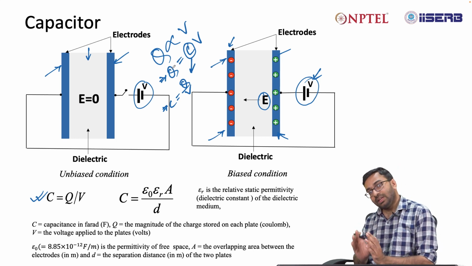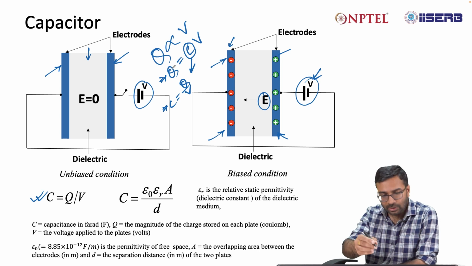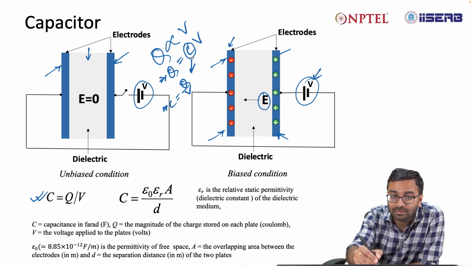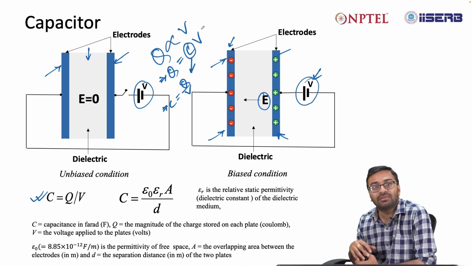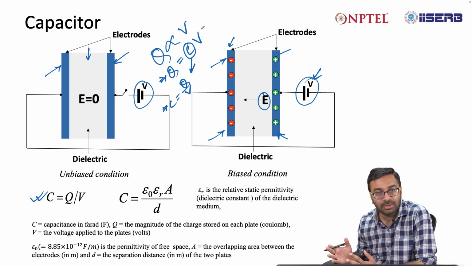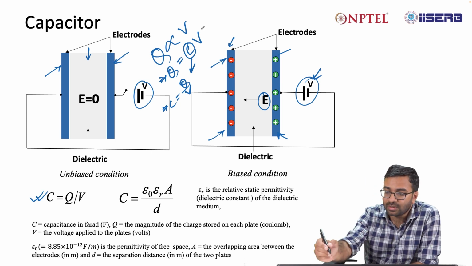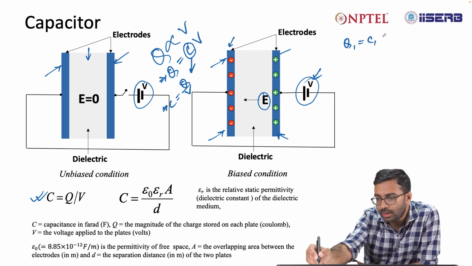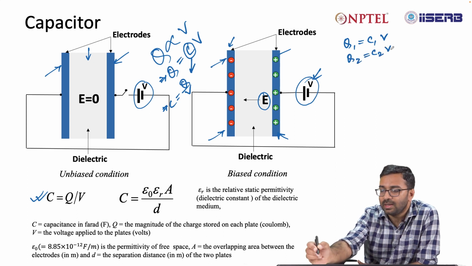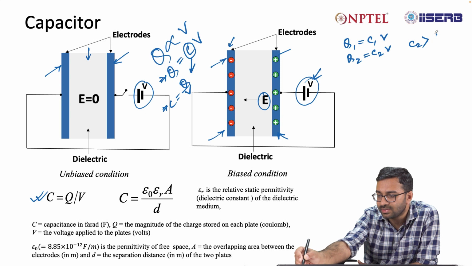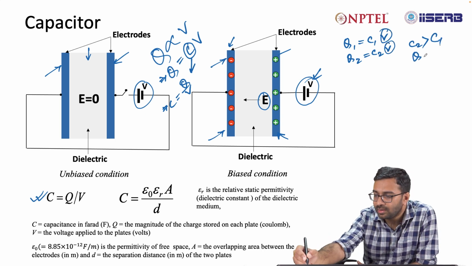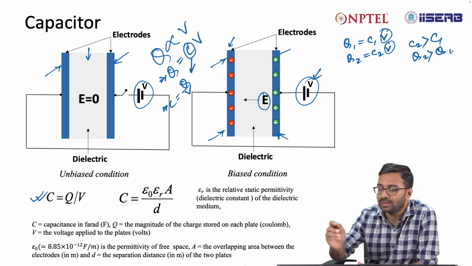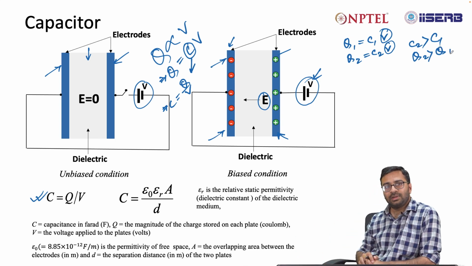For an arrangement where the value of C is higher, you will find for the same voltage you have more charges stored. What I mean by that is, for example, say Q1 is equal to C1 into V, Q2 is equal to C2 into V. Now, if your C2 is higher than C1, for the same applied voltage V, your Q2 will be higher than Q1, right?